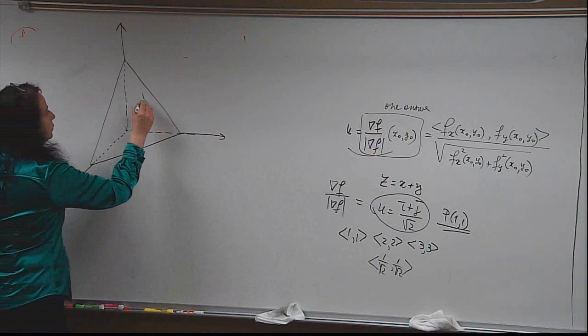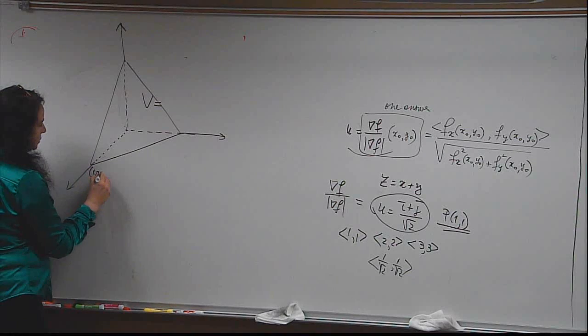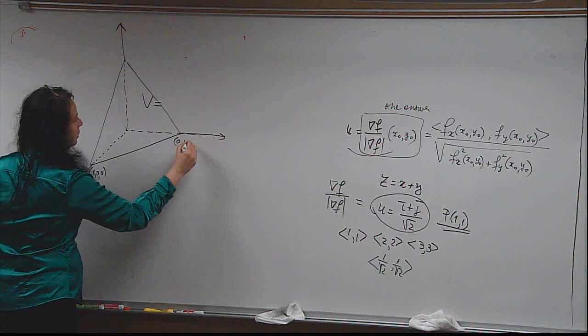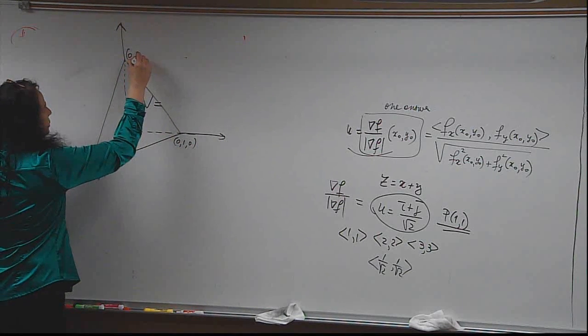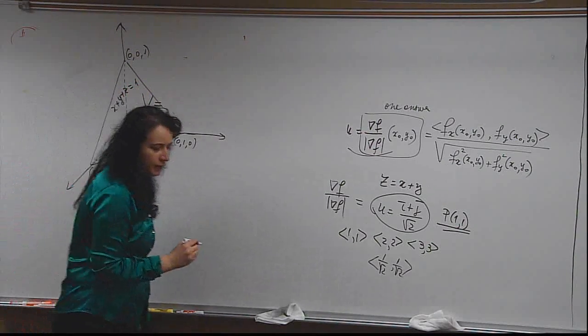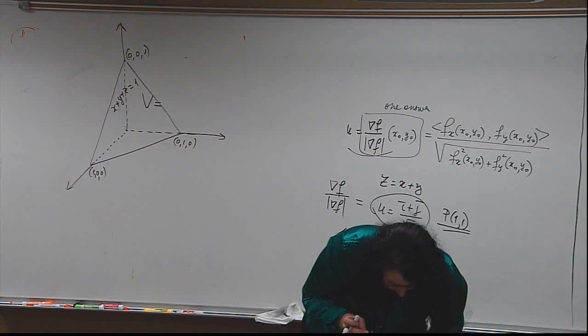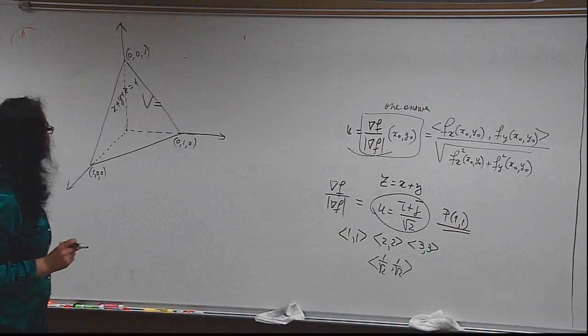So the volume will be how much? This is 1, 0, 0, 0, 1, 0, 0, 0, 1. The plane is x plus y plus z equals 1. Am I right? Did I put 1 or another number? Put 1. Okay, so you know how to cheat on this problem.